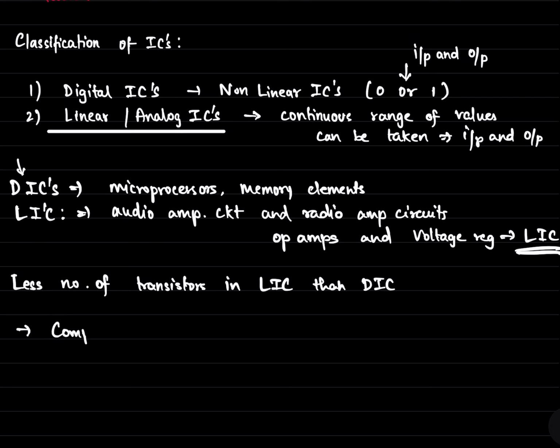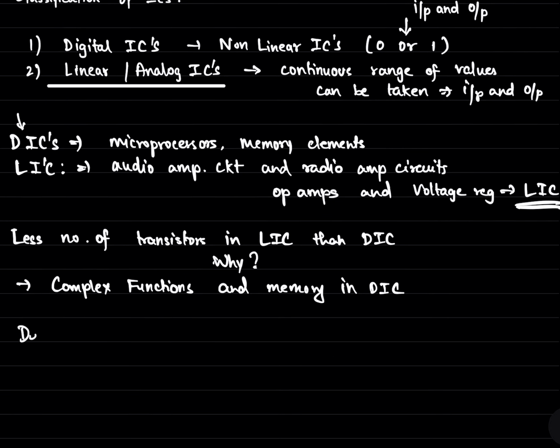So complex functions and memory are why there are more transistors in DIC. So this is the reason. In digital ICs, the design is not as complicated as that of LIC, but the design is very complicated in LIC. Why?